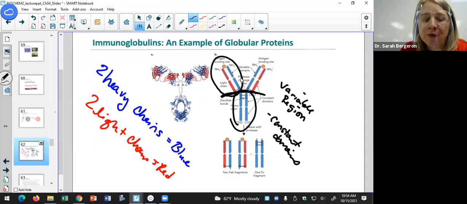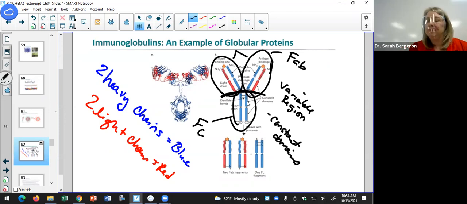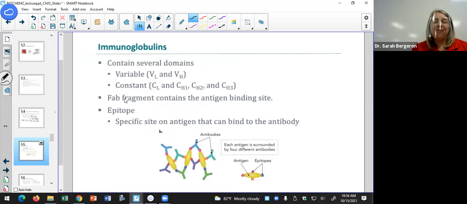And so you actually end up with 2 of these top fragments, and we call these 2 the Fab fragments, right? And we call this the FC fragment. Okay. So our Fab fragment contains the antigen binding site. So that's always the section that's really, really important.